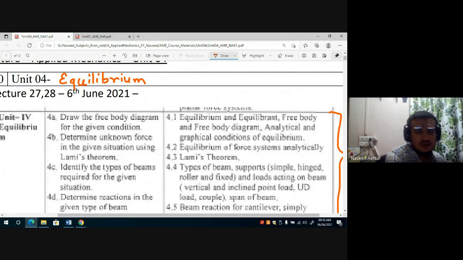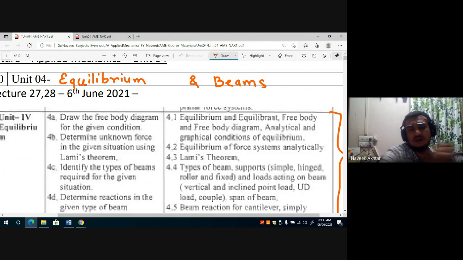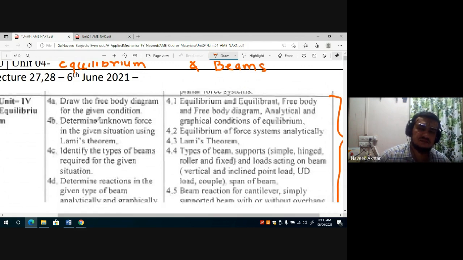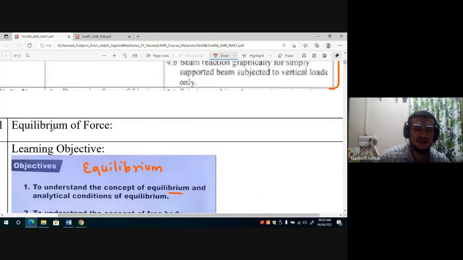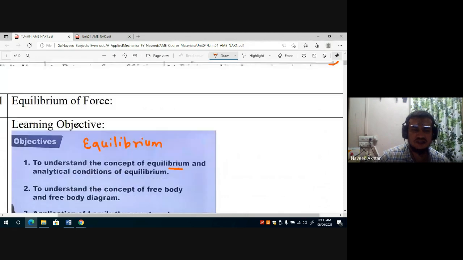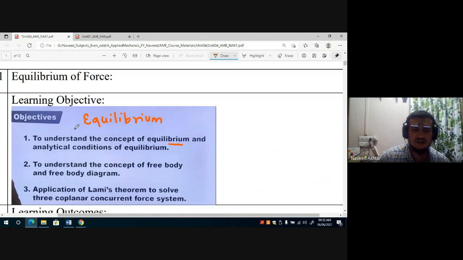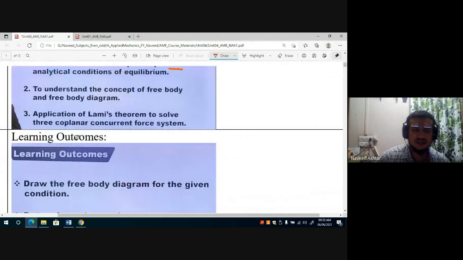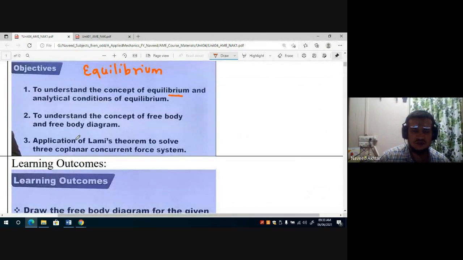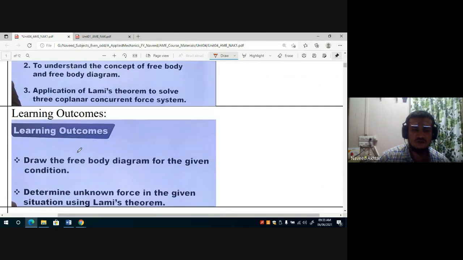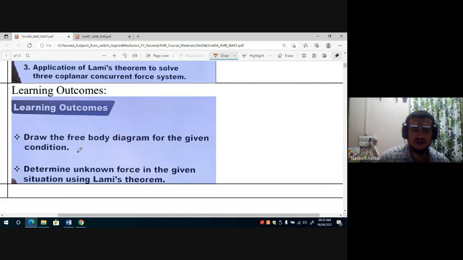You say equilibrium, and I will say the second part is your beams. So we have started part one, that is equilibrium force, and we have seen the learning objectives and learning outcomes of the equilibrium.